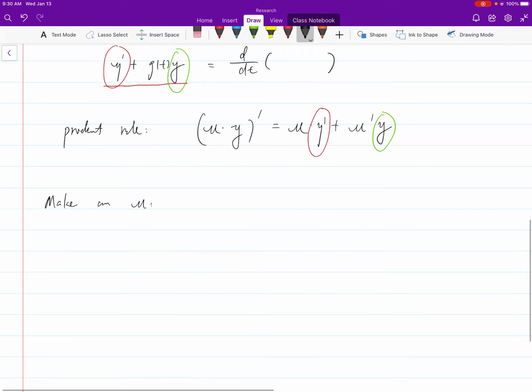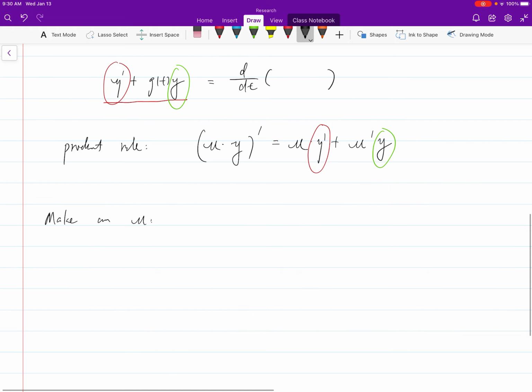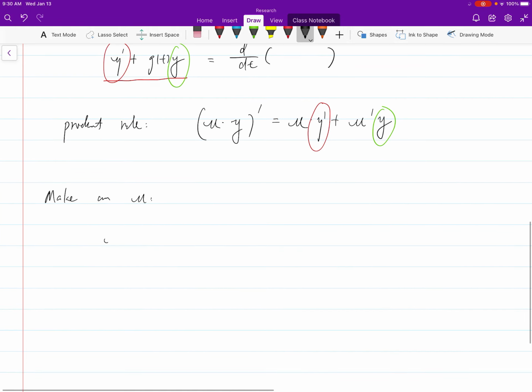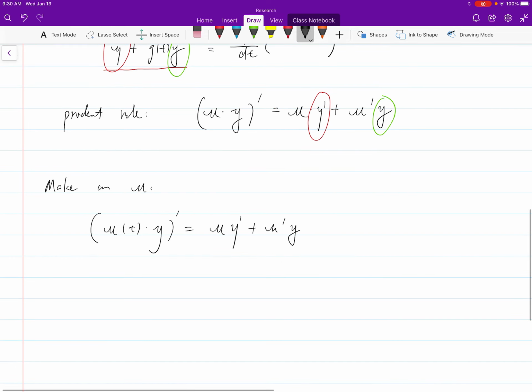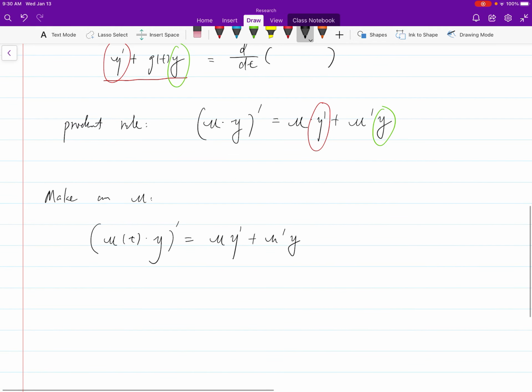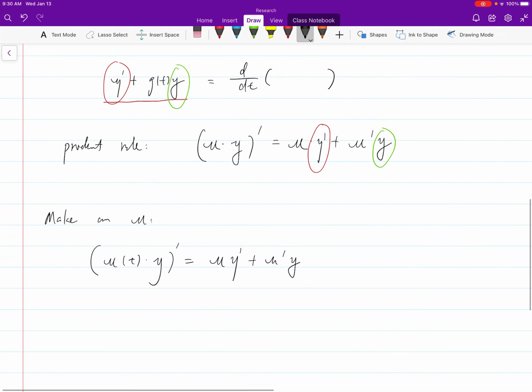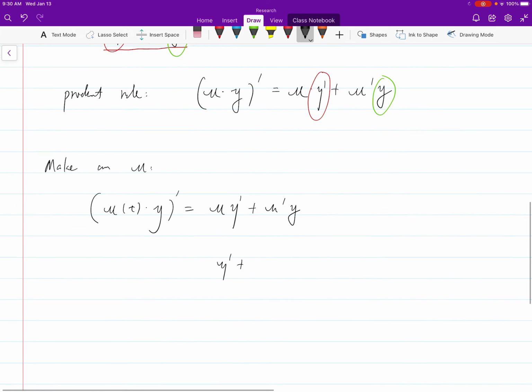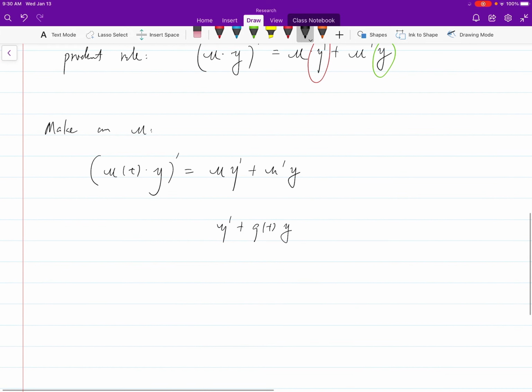What you have here is mu t times y, whose derivative is going to be mu y prime plus mu prime y. Then all you're trying to say is this should match this. Somehow you want them to be the same, or connected.